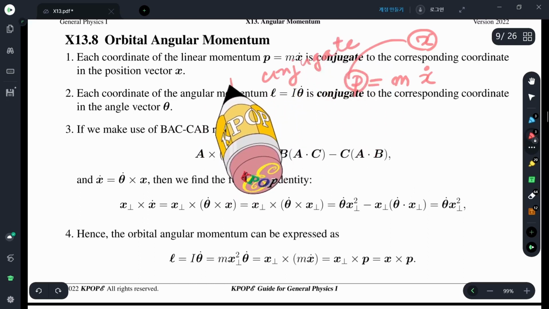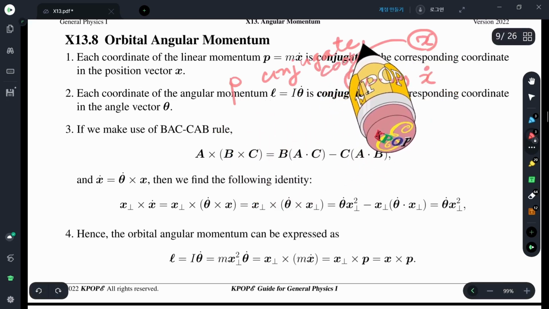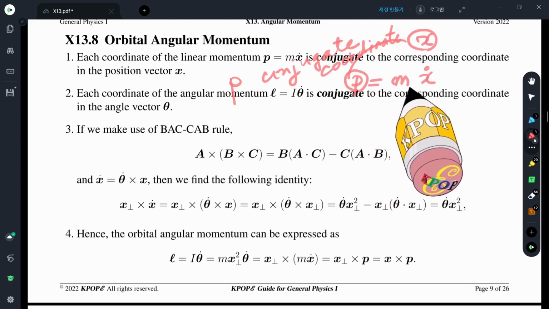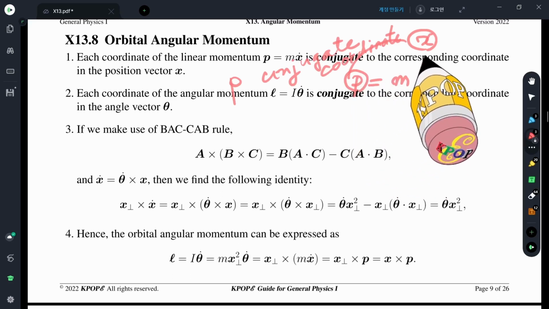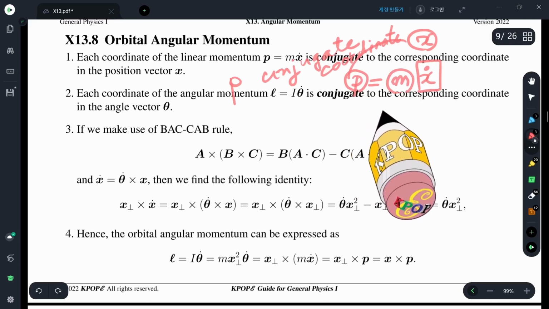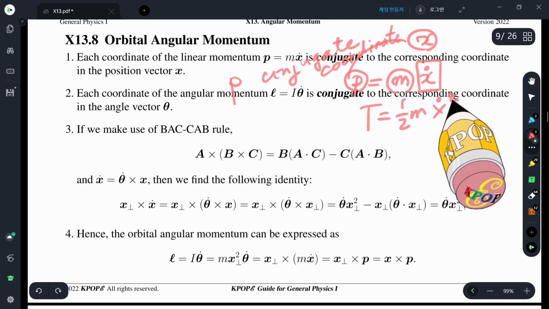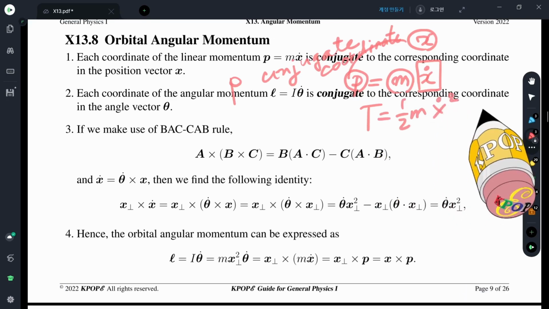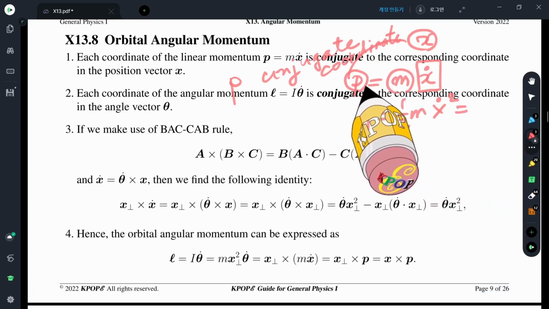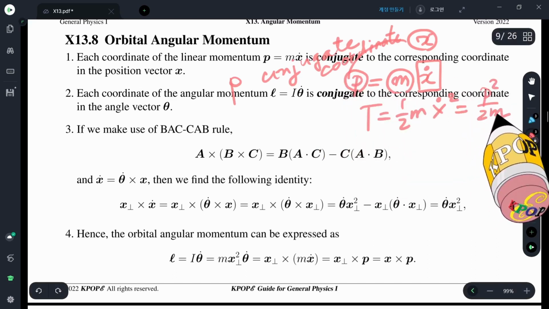So linear momentum p is conjugate to the coordinate x. And once you know the linear momentum, because it is well defined, as the time derivative of the coordinate multiplied by its mass, kinetic energy is one half mass times the time derivative of the coordinate, that is velocity squared. Or if I make use of the conjugate momentum concept, it's p squared over 2m.